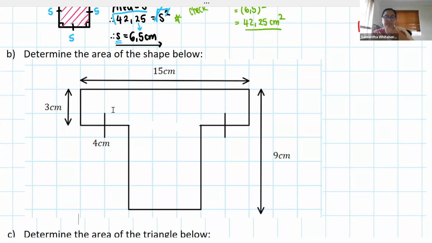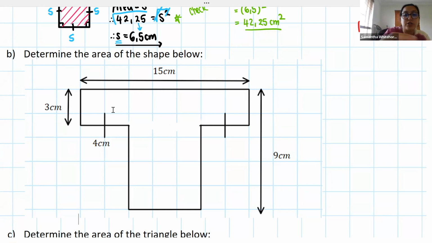Right now, there are lots of different ways that you can break up a shape. My advice is try and keep the number of shapes you break it up into at a minimum. So this technically could be broken up into 3, 4 different rectangles. But why then do 4 calculations? It is so much easier to break it up into the minimum amount of shapes that you can in order to work out your area.